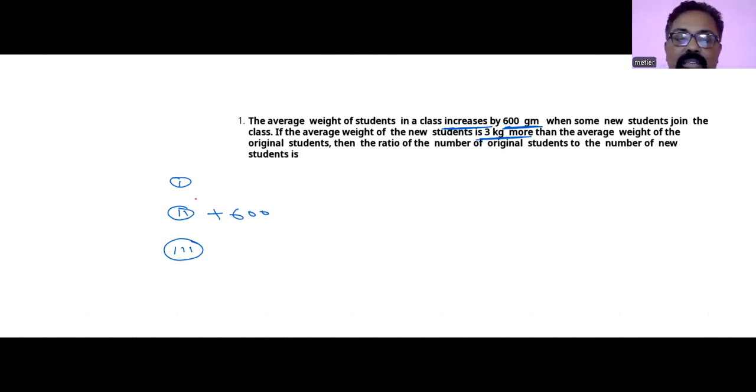And obviously, the final number of students, that we don't know. And this is the base, that means the original average weight, that also we don't know.